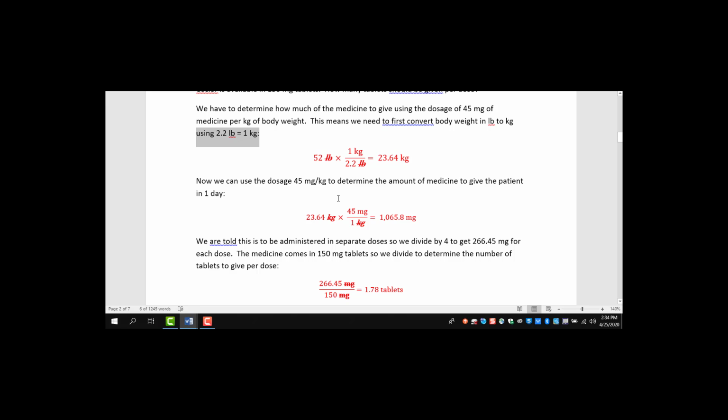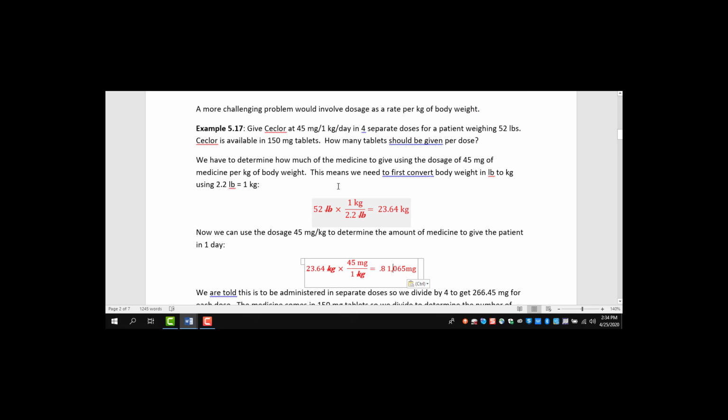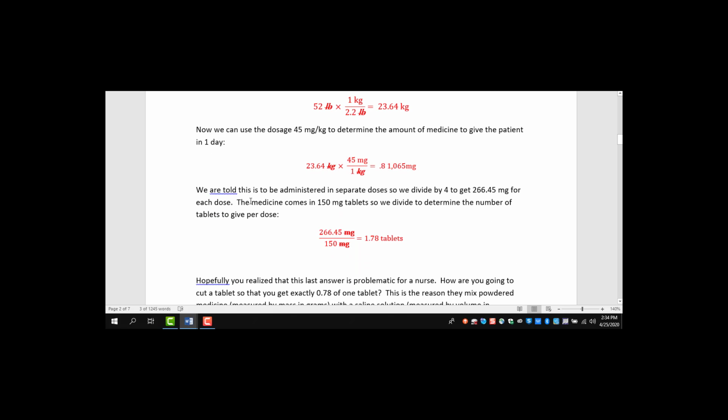Now, I'm going to use dimensional analysis again, take the kilograms and multiply it by 45 milligrams for every 1 kilogram. Kilograms cancel, multiply 23.64 times 45, and I get that many milligrams. And that's the daily dosage, because that's what it says here. So we are told this is going to be administered in 4 separate doses.